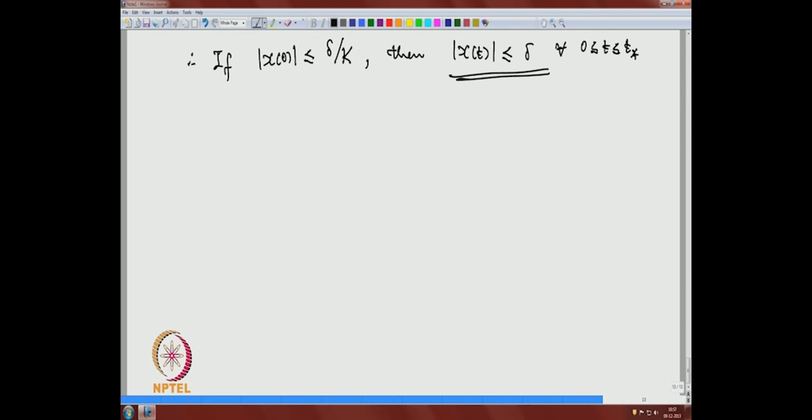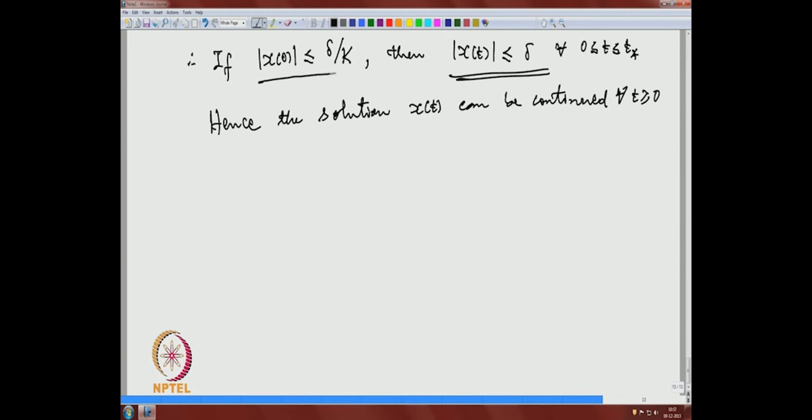So, all the steps we have derived are legitimate and they are valid. So, hence the solution x t can be continued. So, that means it exists for all t, okay. And this is the smallness assumption.